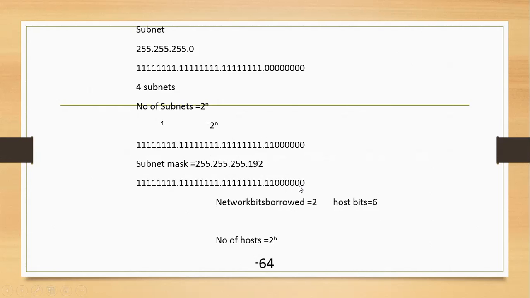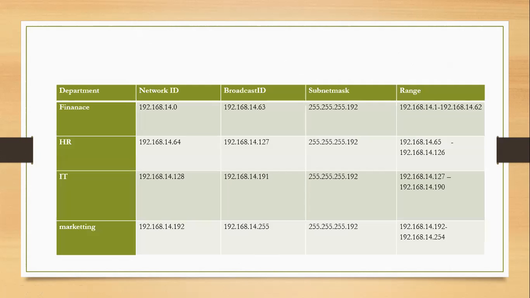Here there are 6 host bits. So the number of hosts is 2 to the power 6, which is 64. That is the important thing we have to find. The number of hosts is 64. From that, we can fill the table.